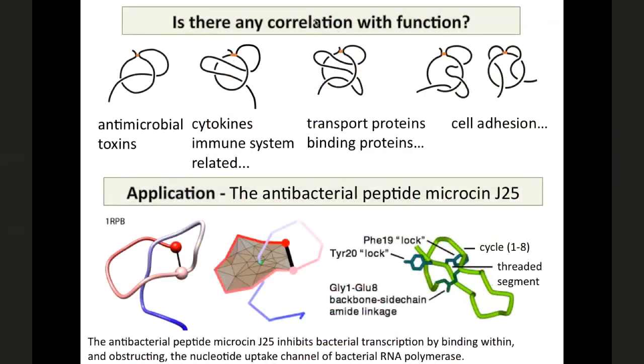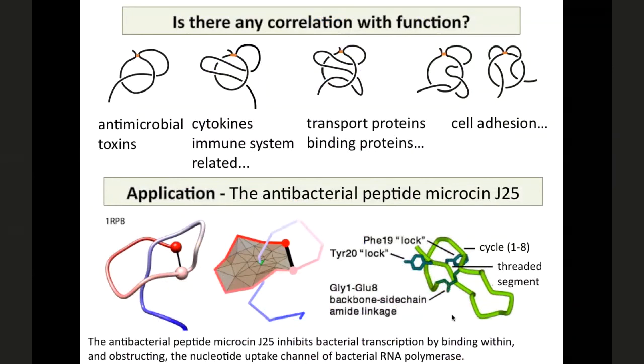And I mentioned before that we can also correlate the function with the type of topology. So it's possible to make the correlation that the simplest type of lasso is found in antibacterial proteins and toxins. And I should mention that this lasso peptide, not lasso protein, was found before, and it was already proven that, as you can see here, we have a lasso peptide that is closed by the covalent bond, and one of the tails is piercing this chain and this loop.